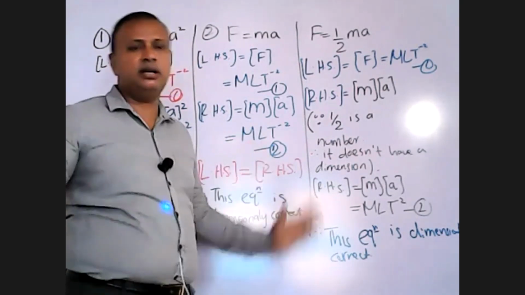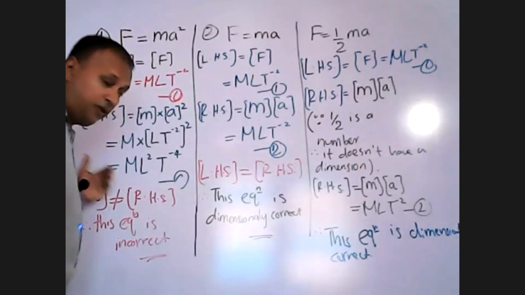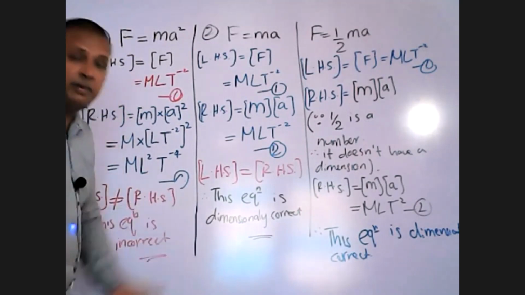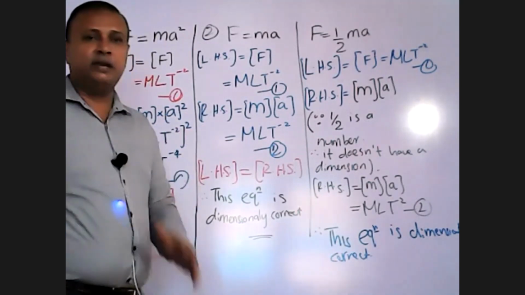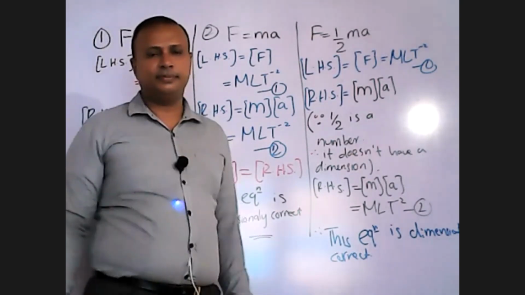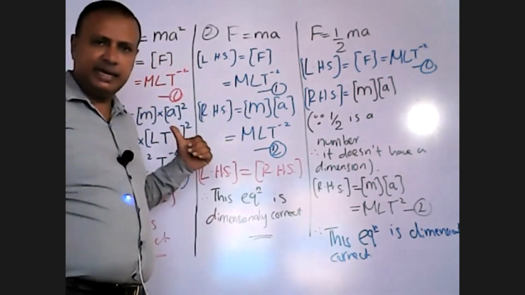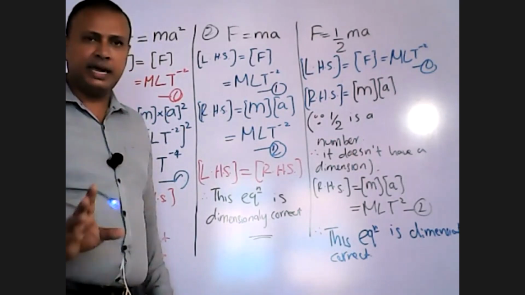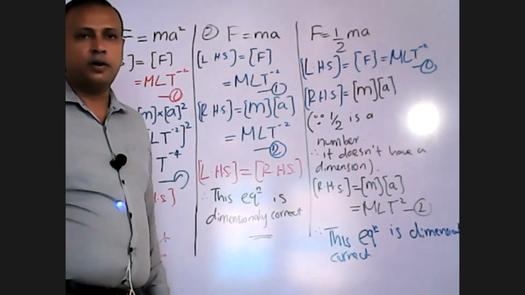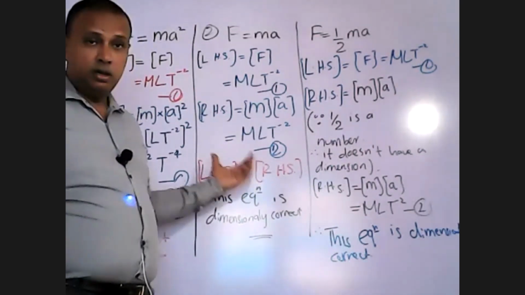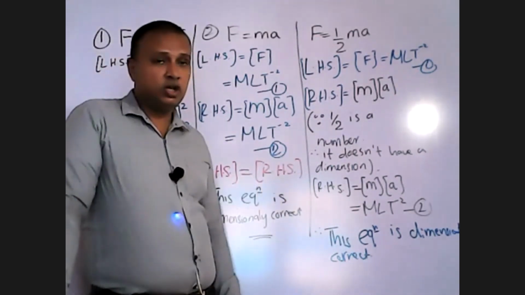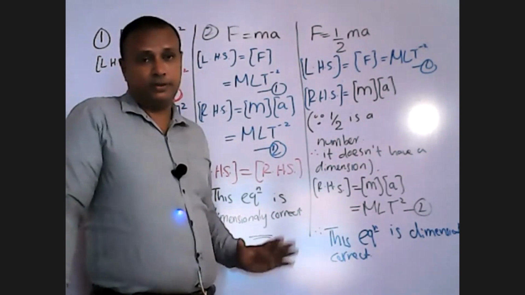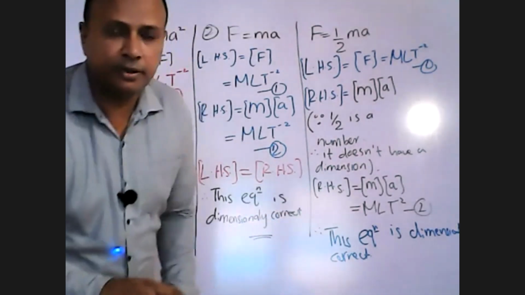But if we got different dimensions in LHS and RHS, definitely we can say this equation is incorrect. In this case, LHS and RHS dimensions are unequal, so definitely we can say it is wrong. But if we have same dimension on both LHS and RHS, we cannot say whether it is correct or not. Do you understand?